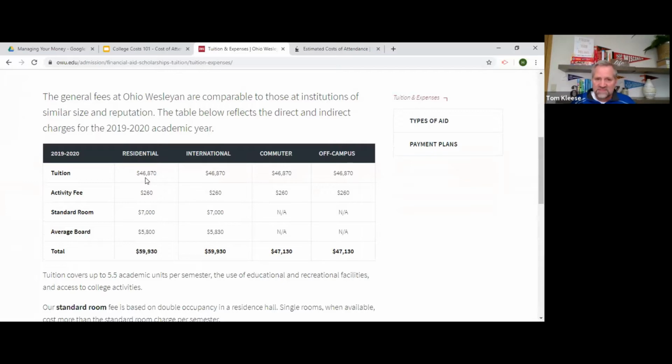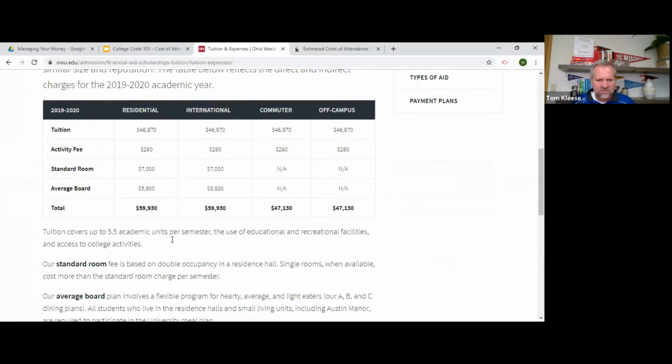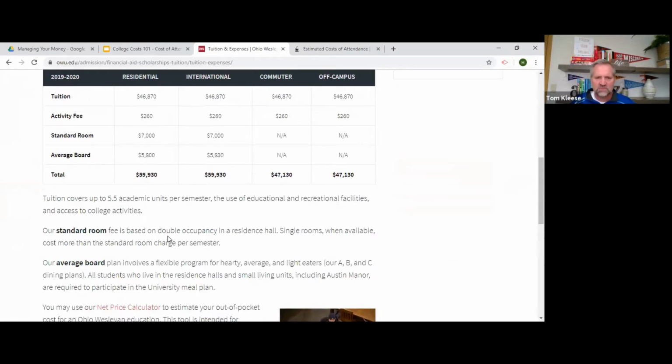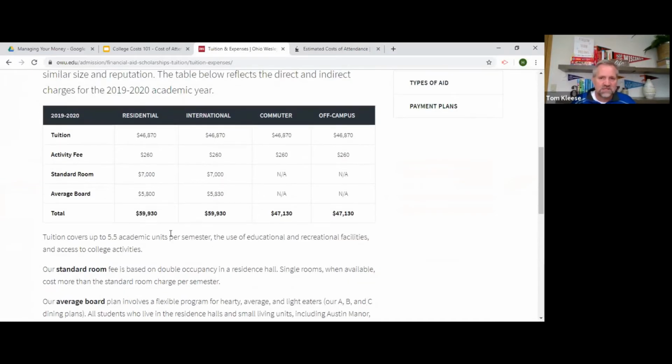So that's about $10,000 more than the national average. The activity fee, we throw that in. So we're basically looking at $47,000. And then if you add up the room and board, $12,800, probably have very nice food there and nice dorms. And they talk about standard rooms versus single, et cetera, but we're just looking in kind of broad terms here. So that's a big chunk of change.